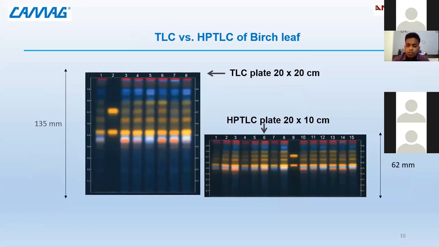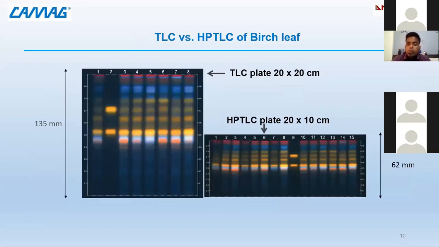Now here you can see the difference. Most monographs say to use a TLC plate of 20 by 20 size, and HPTLC always goes for the 20 by 10 plate. In the TLC plate we have to run the plate up to 135 mm of solvent front, but in HPTLC we run only 62 mm. That means the solvent run time will be reduced, the solvent used for development will be reduced.